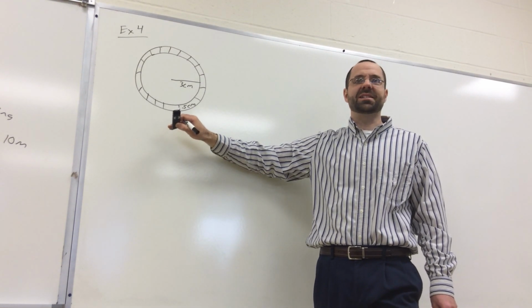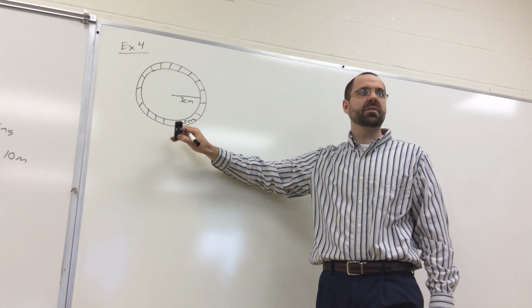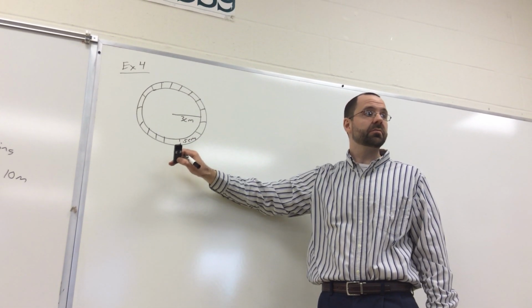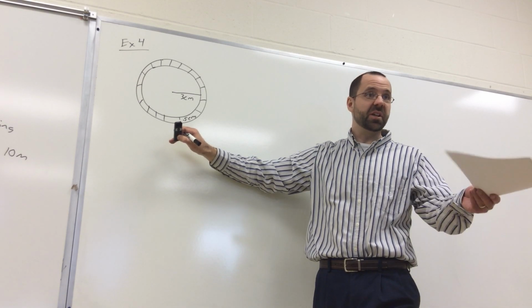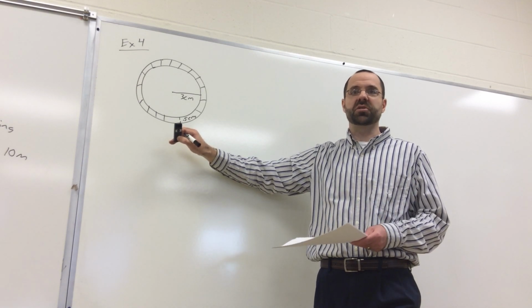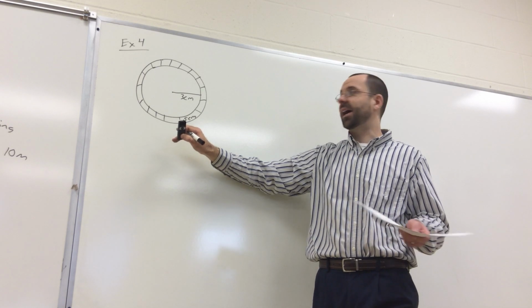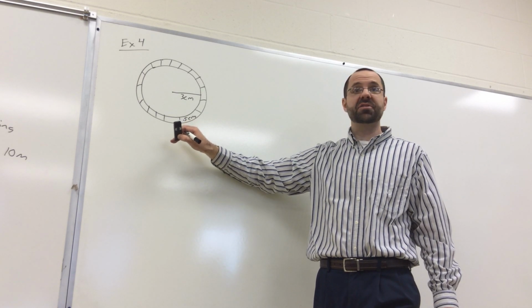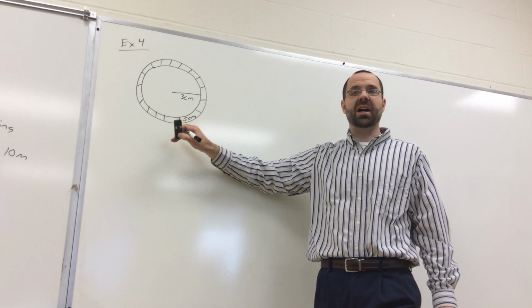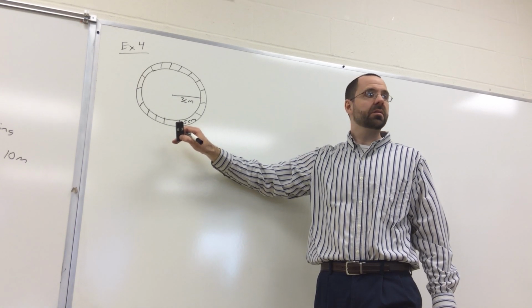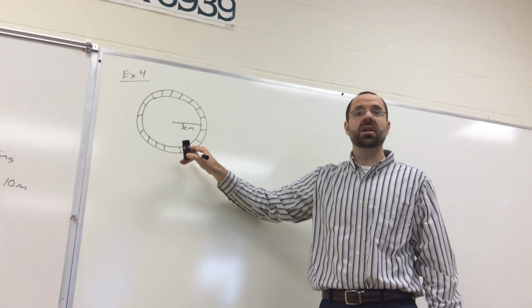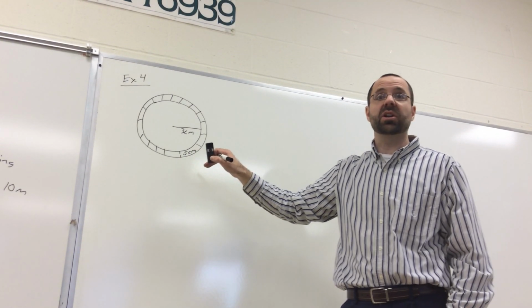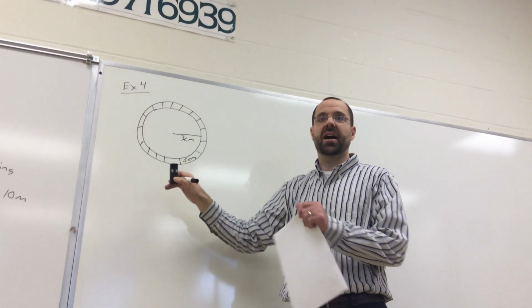So how could you find the exact area of that outer strip? Take the area of the big circle minus the area of the small circle, right? So pi times 3.5 squared minus pi times 3 squared. That's if you wanted the exact area. But what we're going to actually do instead is approximate the area of the outer strip.